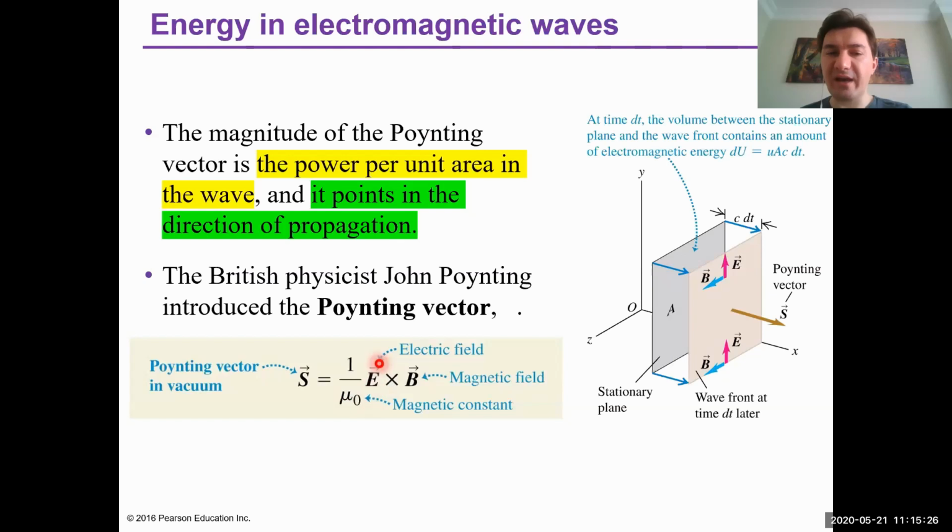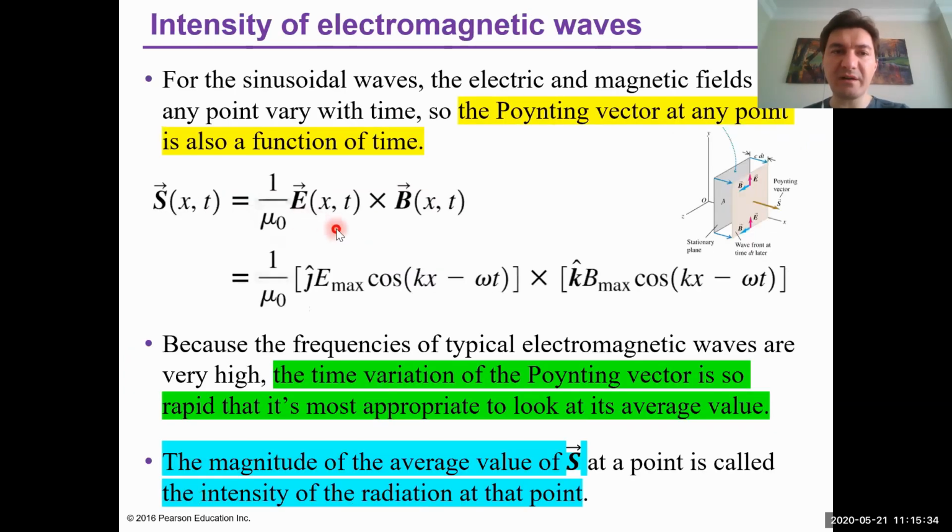What we know of that, in sinusoidal electromagnetic waves, this E changes as a function of time. Remember the electric field. It is written in that form. It is changing with time. And B here also changes as a function of time.